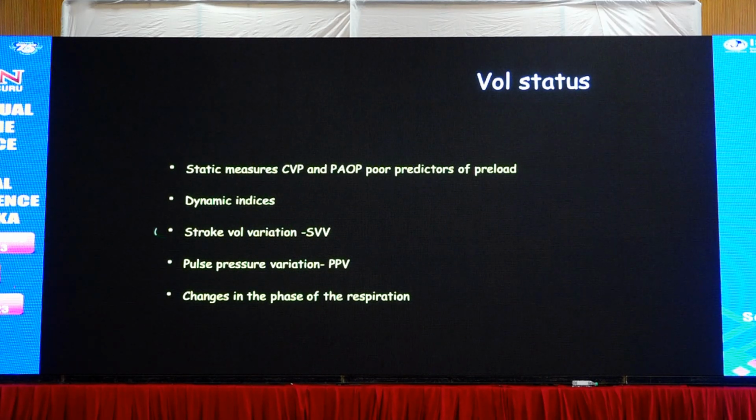As I mentioned earlier, the dynamic indices of stroke volume variation and pulse pressure variation are changes with the phases of respiration. These are measured by these minimally invasive cardiac output monitors, apart from the global end-diastolic volume index, etc. If you have exaggerated changes in the stroke volume variation and pulse pressure variation, they are found to be very good indicators of fluid responsiveness.